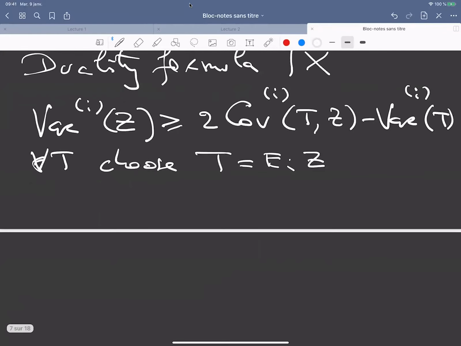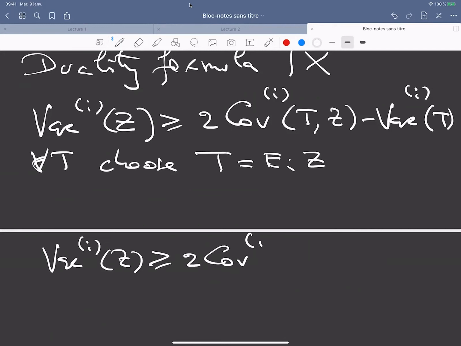And if you do so, you get that the conditional variance is larger than 2 times the covariance of AIZ, Z minus the variance of AIZ.